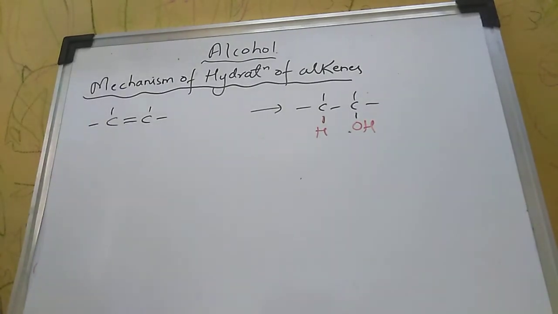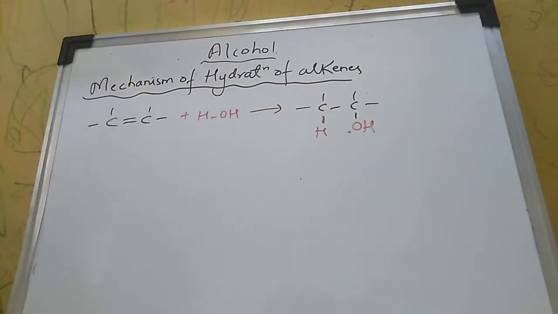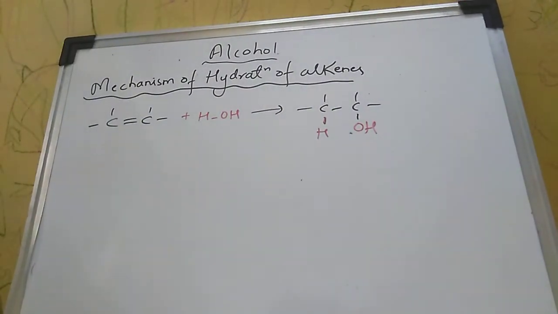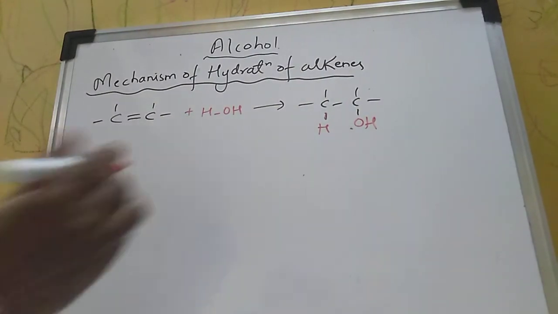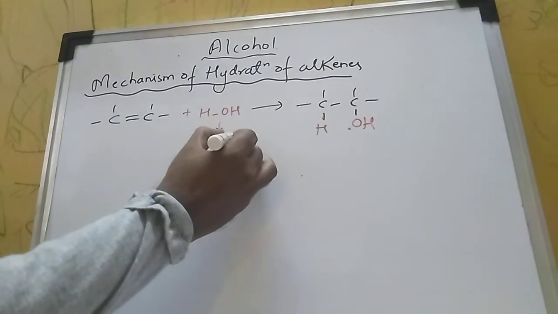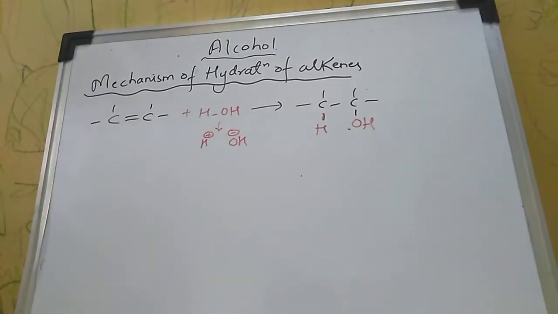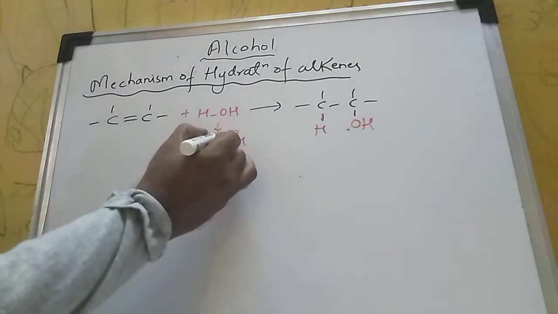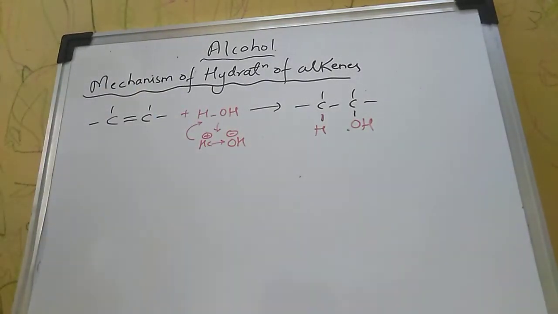So for that we need a reactant, HOH. Now HOH cannot get attached directly to the alkene. Why? Because if HOH splits up into H plus and OH minus, when they are separated they are very highly reactive, so they again combine with each other and form the same water.